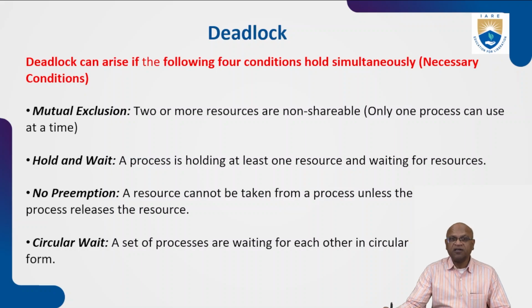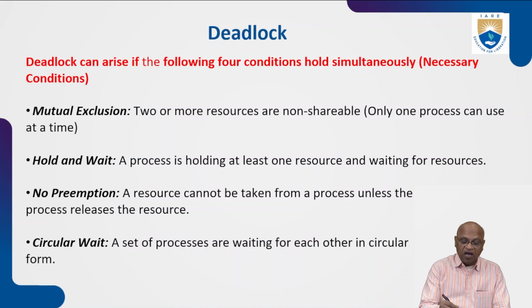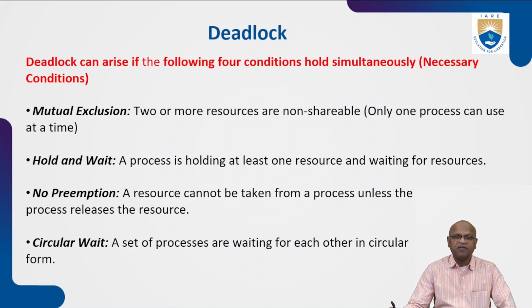Next is no preemption. A resource cannot be taken from a process unless the process releases it. Process 1 is requesting resource 2, but resource 2 is already held by somebody else. Preemption means we can forcefully vacate the resource from the process.